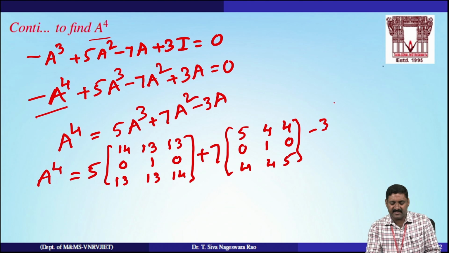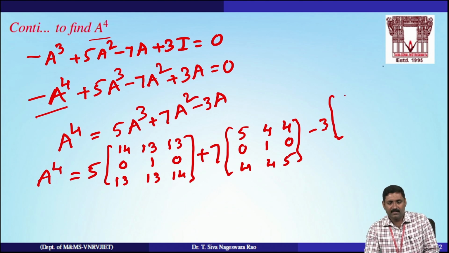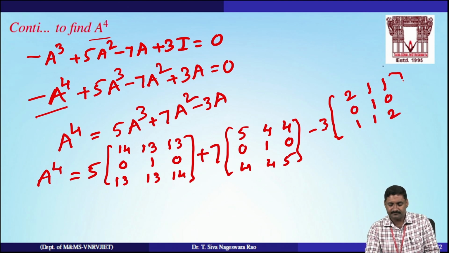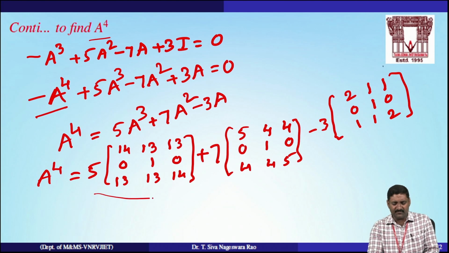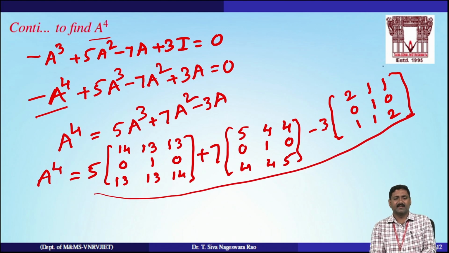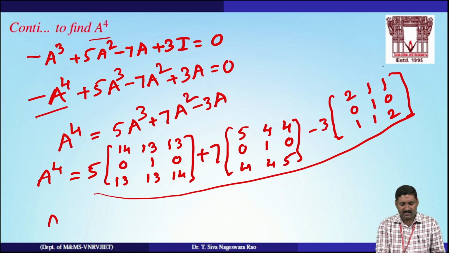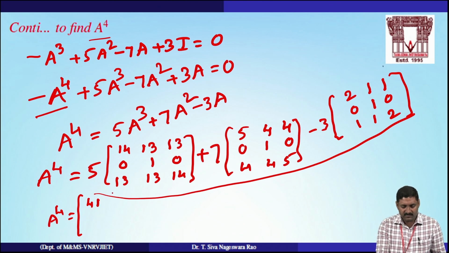Plus 3 multiplied with A. What is the given matrix? Capital A, 2, 1, 1, 0, 1, 0, 1, 1, 2. Now, simplify this whole expression. Then you will get A power 4. Now, what is A power 4? The answer is 41, 40, 40, 0, 1, 0, 40, 40, 41.